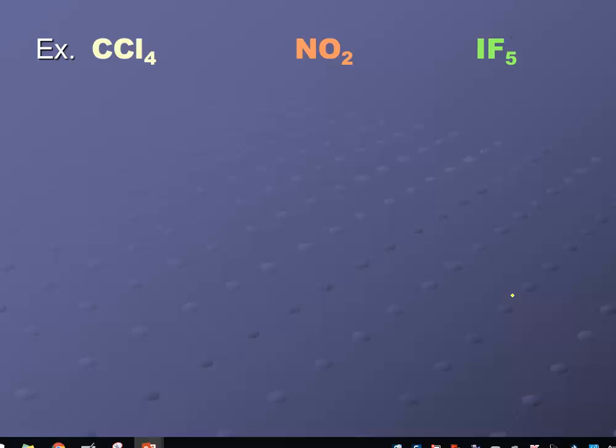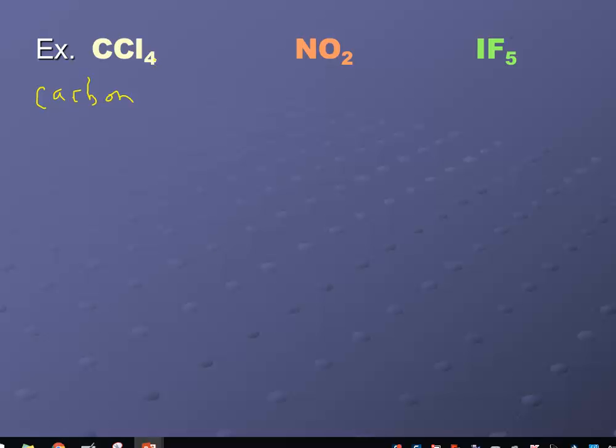Using your periodic table, you should be able to figure out the names of the different elements. So this first one, we have carbon in it, and the second element here is chlorine. How many carbon do we have? We have only 1. Again, we are not using the prefix mono on the first element, so this should be carbon. Then the second element is chlorine, but the rules told us that we're going to add an IDE ending, so this is going to become chloride.